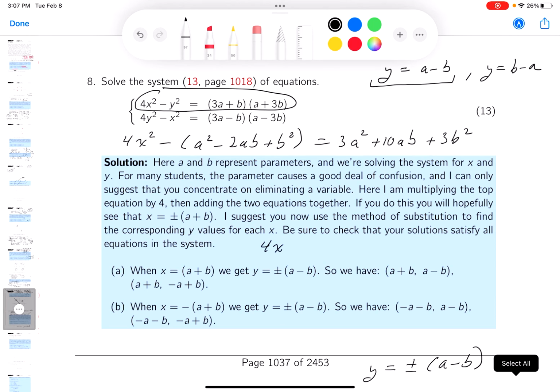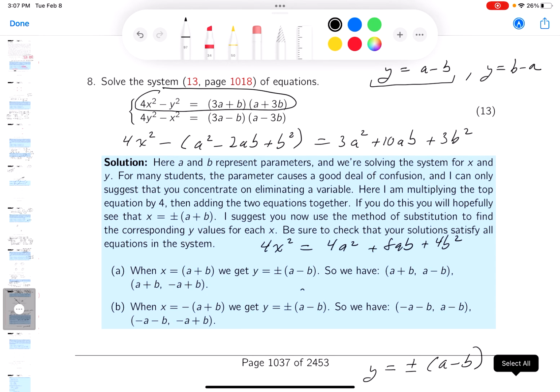It's 4x squared. Well, let's see what you get over there. You get 4a squared. And then you get what? 8ab. And then what do you get? Plus 4b squared, I'm sorry. Well, it divides by 4.